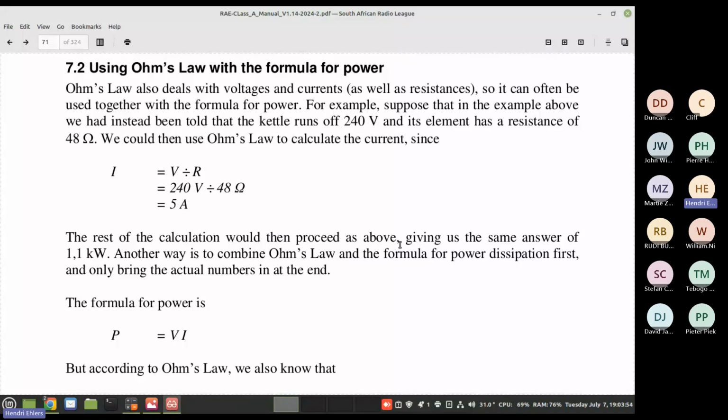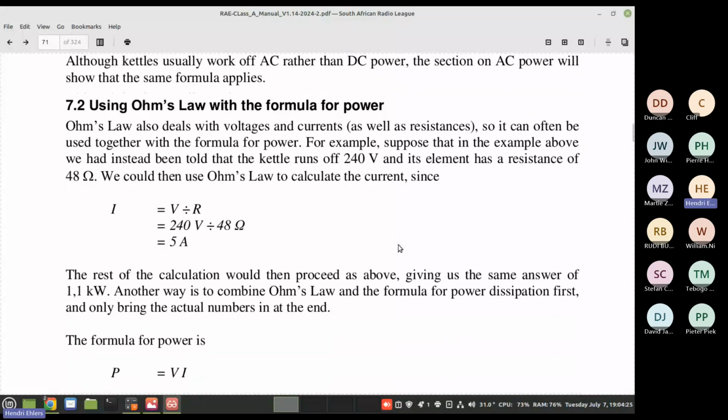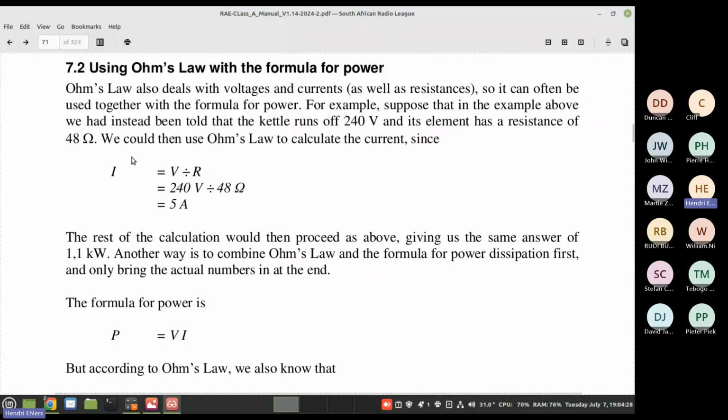So Ohm's law is probably the most important formula in electronics, and once again, you can calculate different things over here, and in this case, we want to calculate the current. They've given that to us in the previous one, but anyway, they say here it's 48 ohms.